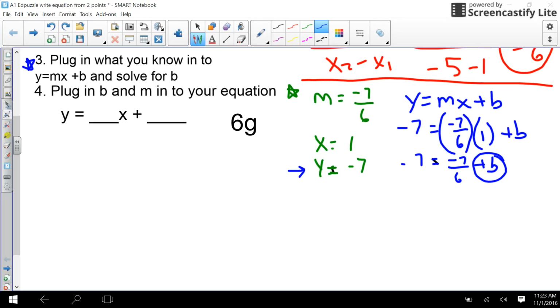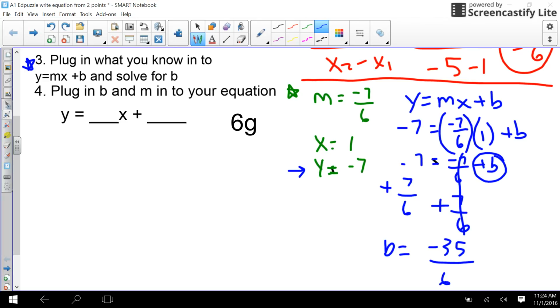So because this is a negative 7 over 6, I'm going to add 7 over 6 here, which cancels it out, and add 7 over 6 here. So I'm going to do negative 7 plus alpha y equals enter 7 over 6. And I get b is equal to negative 35 over 6.